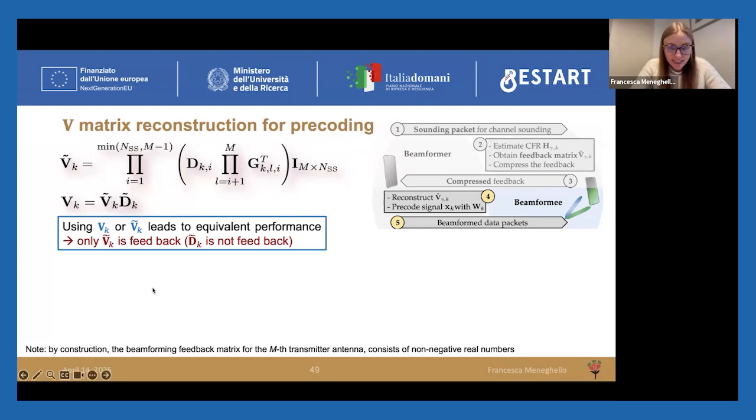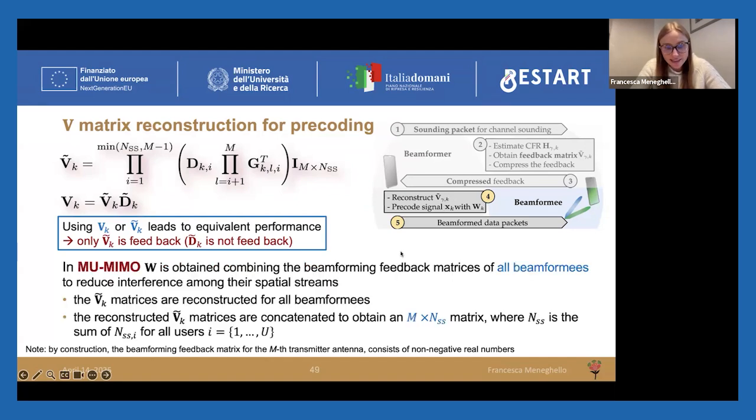So what is done at this point, after having reconstructed the V matrices, is this: the V matrices are reconstructed for all the different beamformees that feed back, one after the other, the beamforming feedback angles.